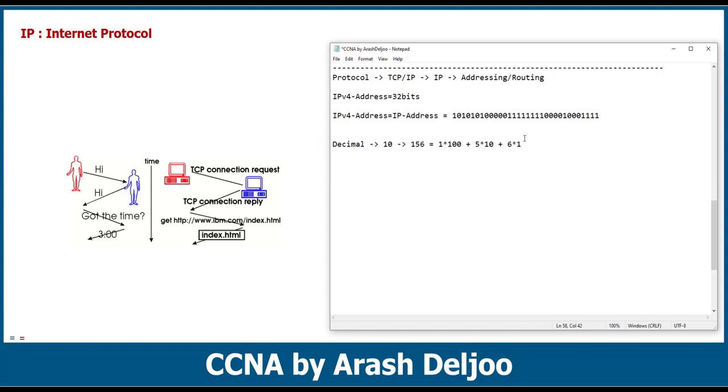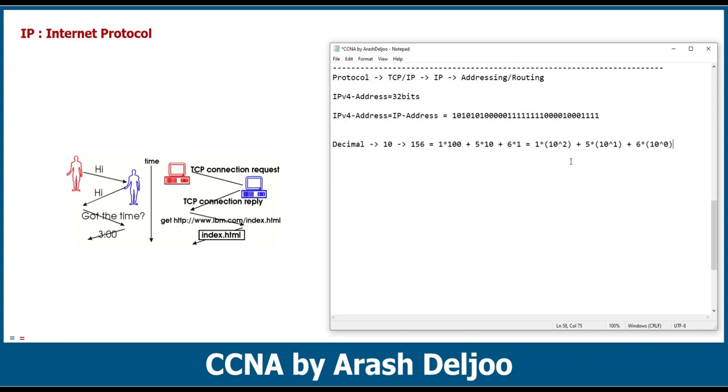If I write this in base 10, I can say that 1 multiplied by 10 to the power of 2, after that we have 5 multiplied by 10 to the power of 1, and after that 6 multiplied by 10 to the power of 0.